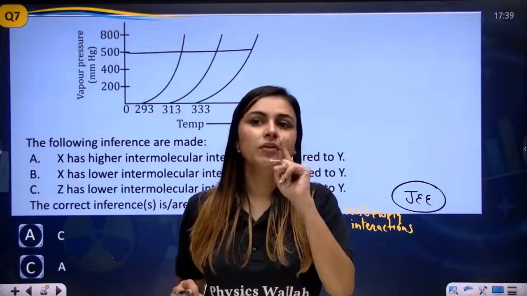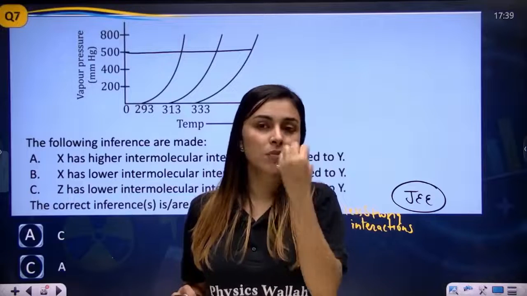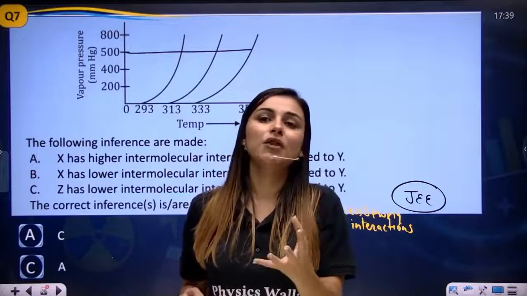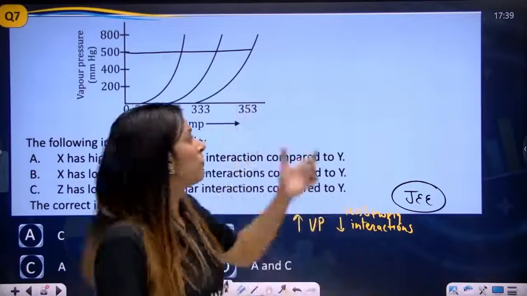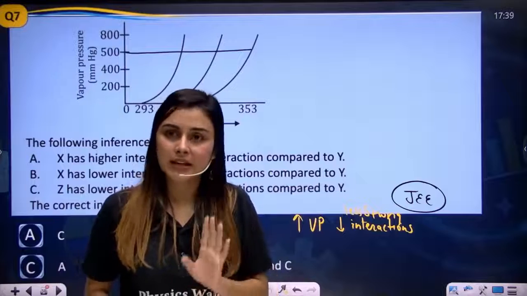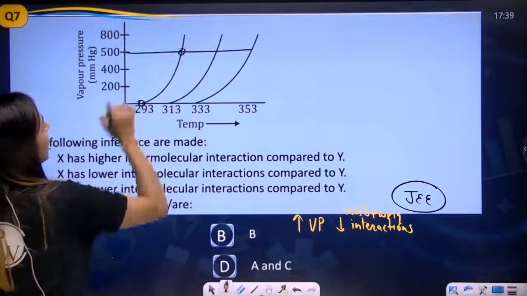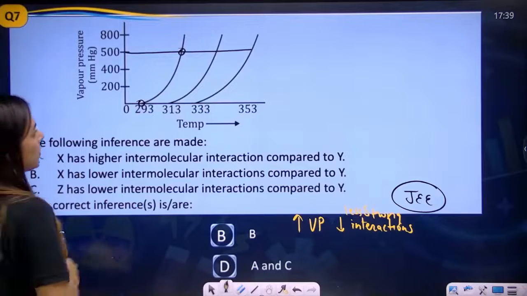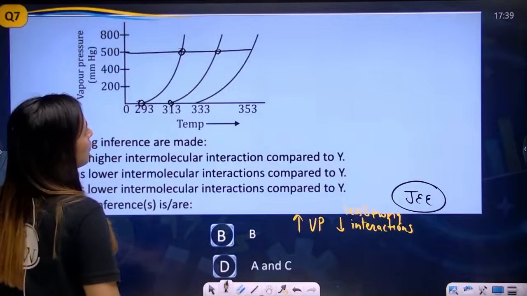A component which is more volatile will have a tendency to form more vapors, and its vapor pressure will equal 500 more easily at a very low temperature. You can say that.